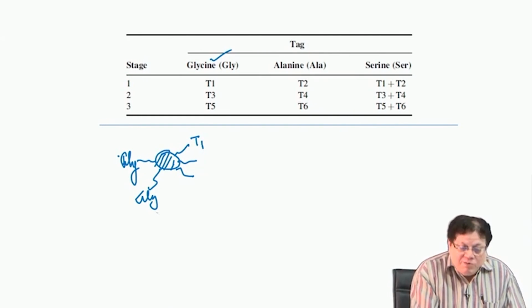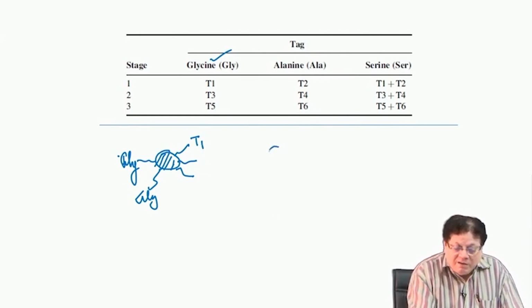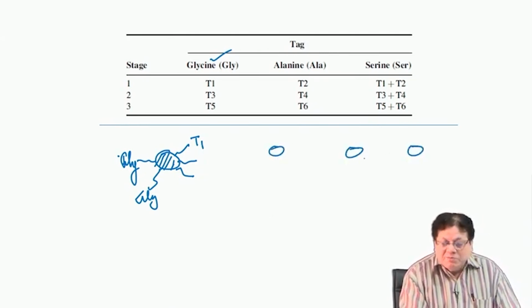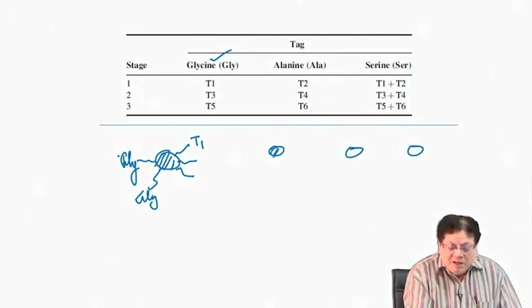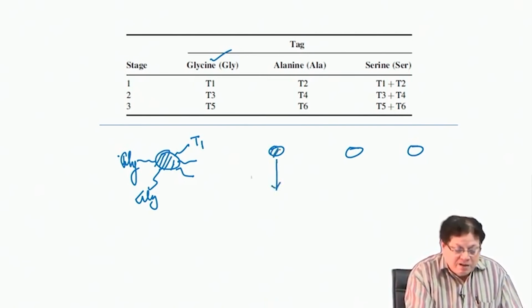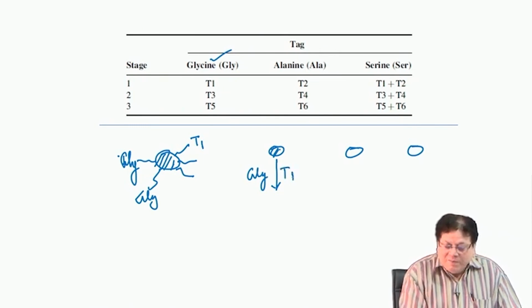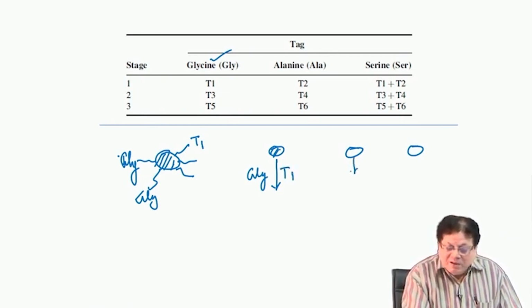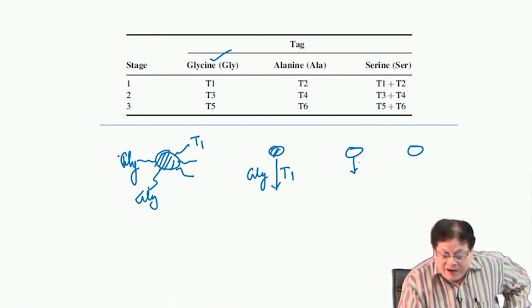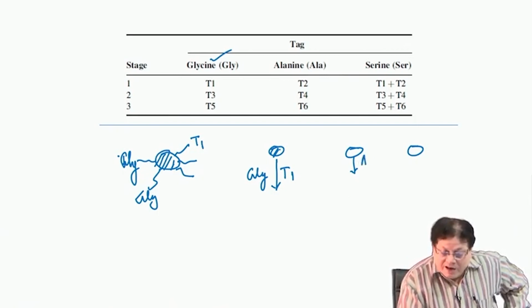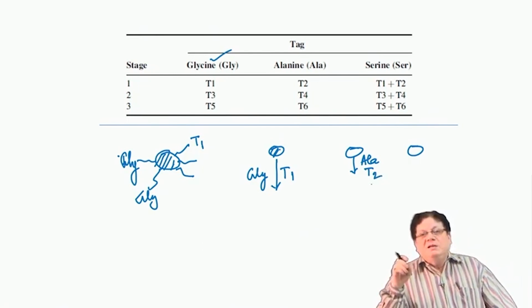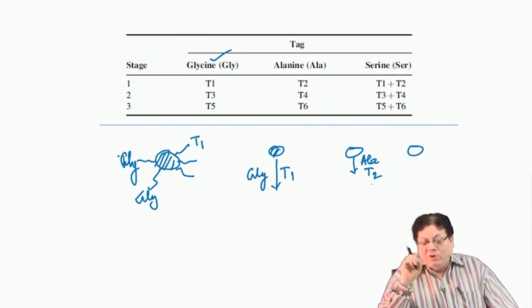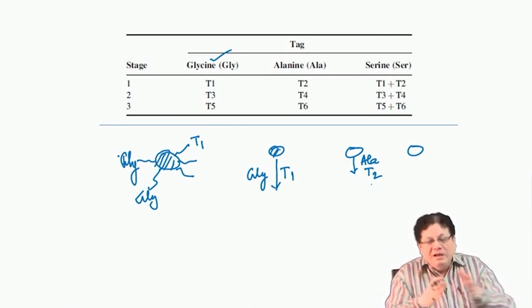Then, because these beads are distributed, suppose, in 3 pots, in the first pot you are adding glycine and you are adding a tag T1. In the second container you are adding alanine, and you are adding the tag representing the aromatic ring, because the orthonitrobenzyloxycarbonyl is common and then the linker is also common.